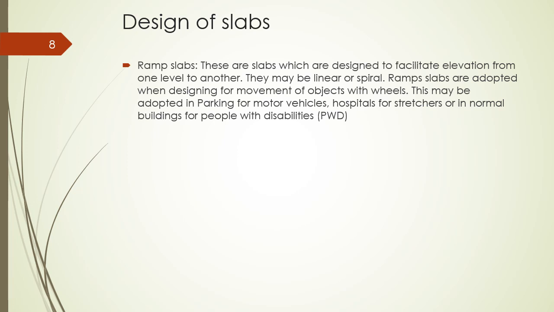These are similar to stairs and facilitate elevation from one level to another. Ramp slabs are adopted when designing for movement of objects with wheels, such as in a parking silo for motor vehicles, hospitals so that they can accommodate stretchers, or in normal buildings to cater for people with disabilities.